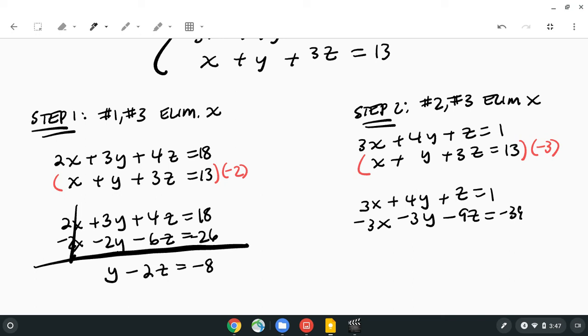So now these cancel out, and we're left with y minus 8z equals negative 38.